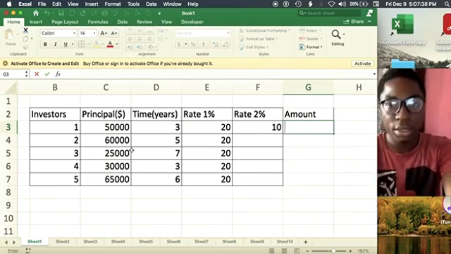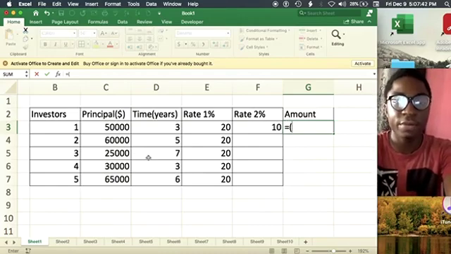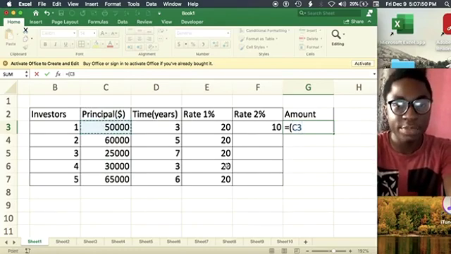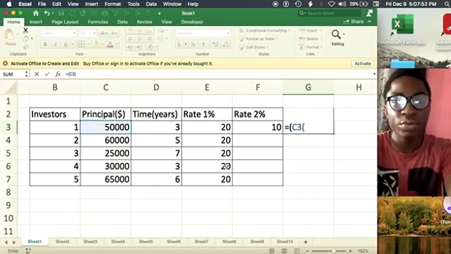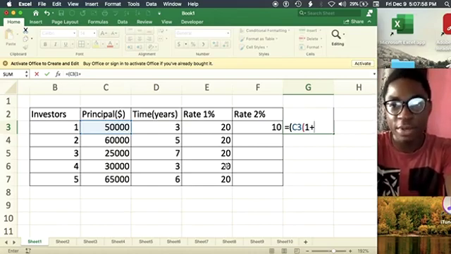So now, those of you who remember the formula for compound amount, it's principal. So let's put equals to, let's calculate the value of compound amount. So that is equals to the product of principal. So let's reference C3, that's principal. Then C3 will multiply 1 plus. So if you remember, this is the formula you were probably taught in secondary school or high school.